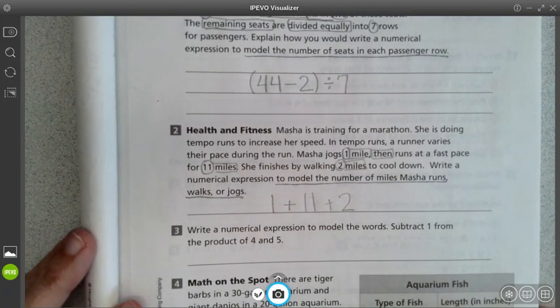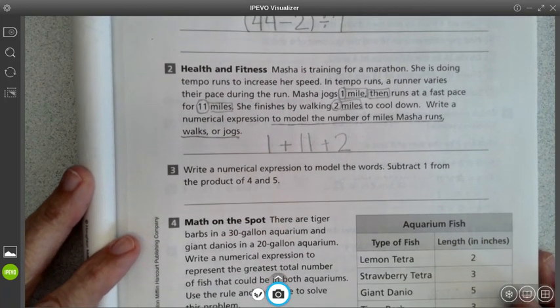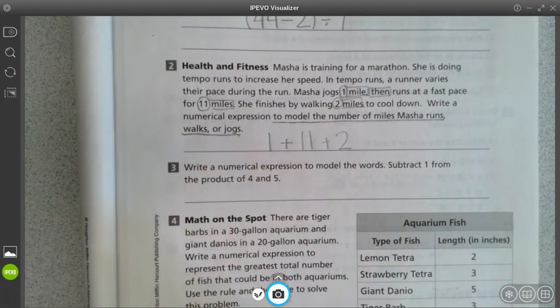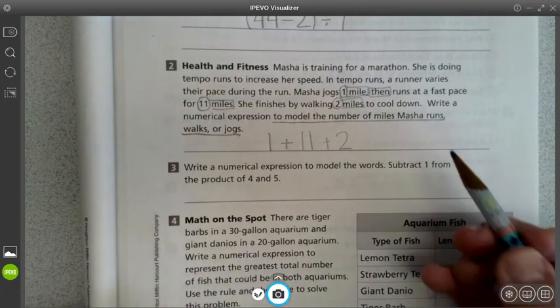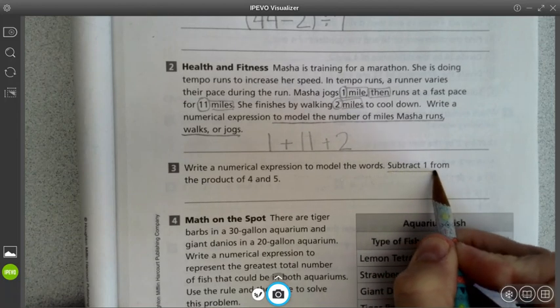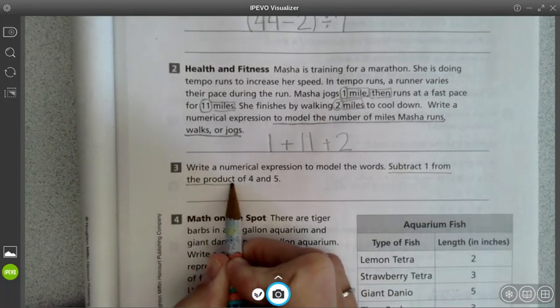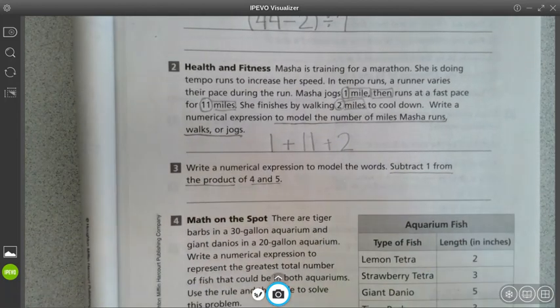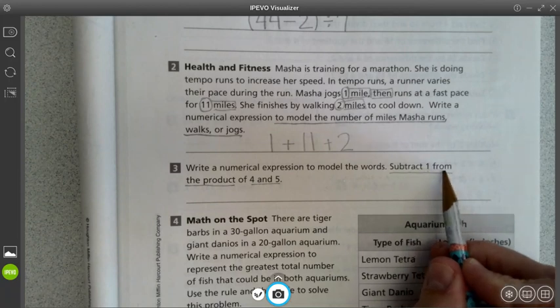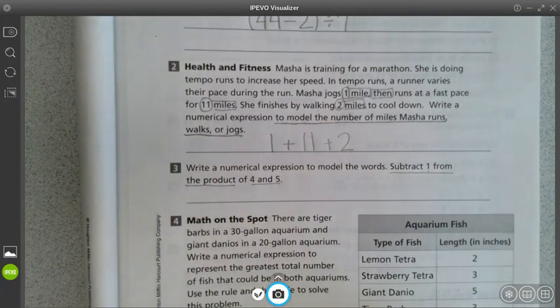Okay, see if my voice can make it through one more. Write a numerical expression to model the words. Subtract 1 from the product of 4 and 5. So you notice I kind of broke apart those instructions. Subtract 1 from the product of 4 and 5.